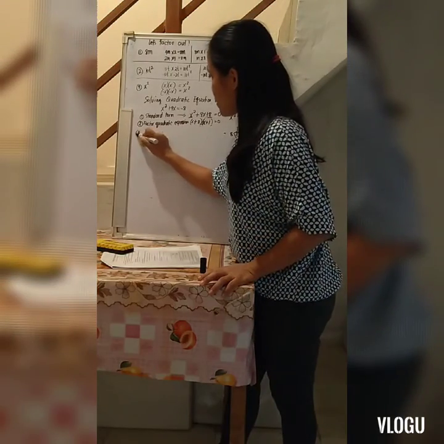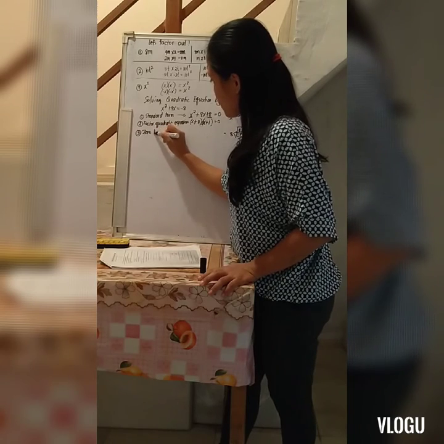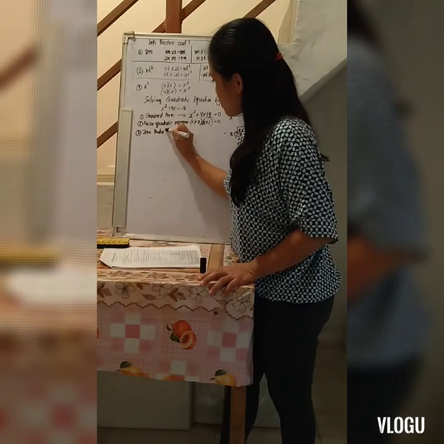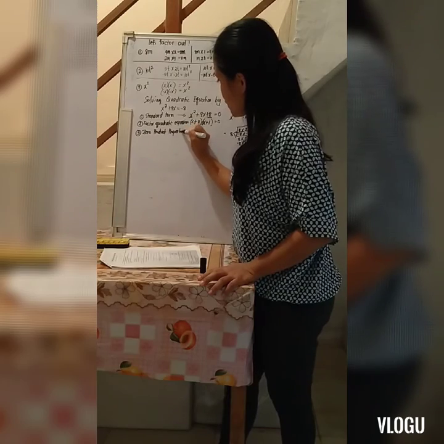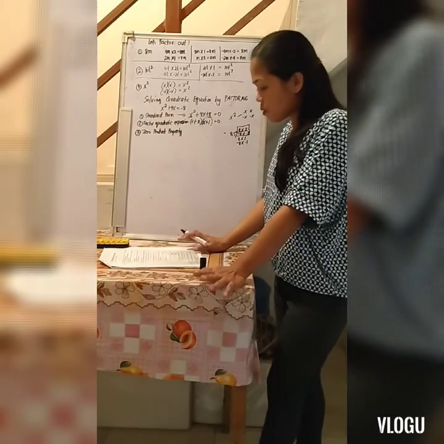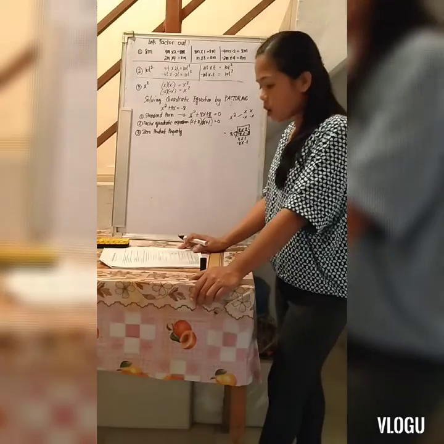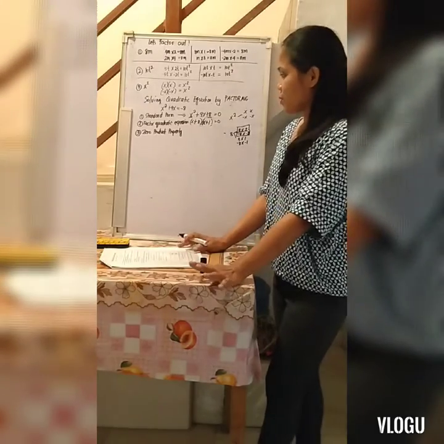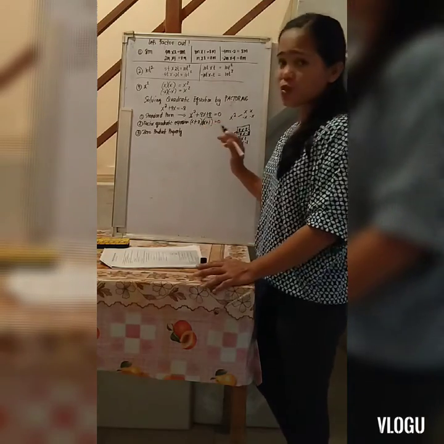The third step is to follow the zero product property. The zero product property states that if the product of two real numbers is 0, then either of the two is equal to 0 or both numbers are equal to 0. Actually it's very simple. You just equate this to 0.